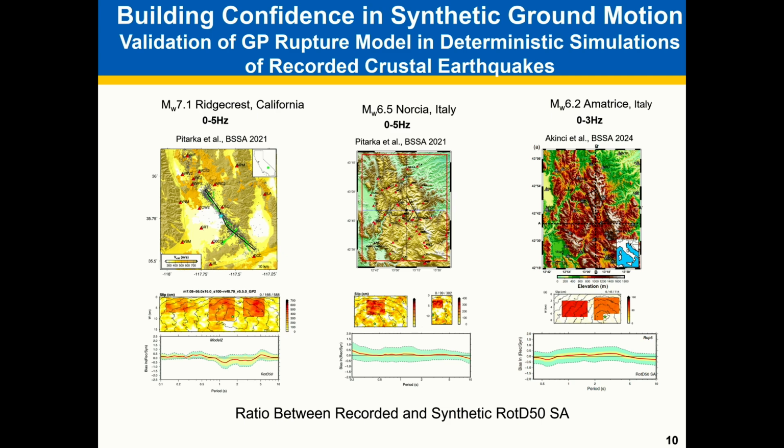In this case, I only show cases where we use the deterministic approach all the way to 5 or 3 hertz. This is the earthquake Ridgecrest, this is Norcia, and the other one is Amatrice. As you can see, we do a very good job in fitting the recorded motion when we use this type of rupture generator that has some kind of deterministic representation of the slip.